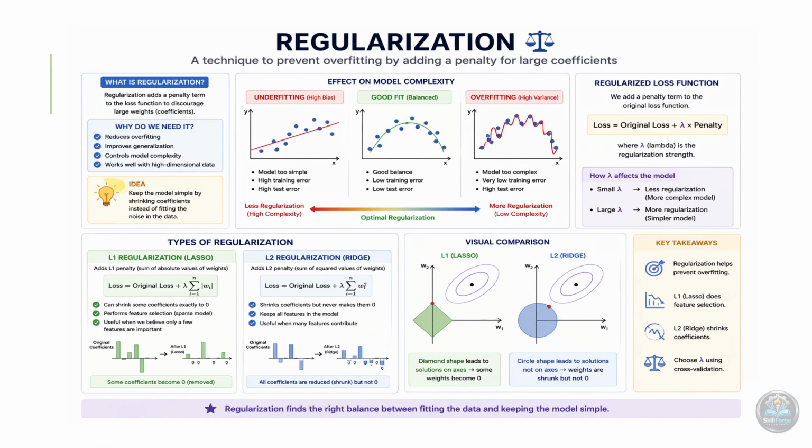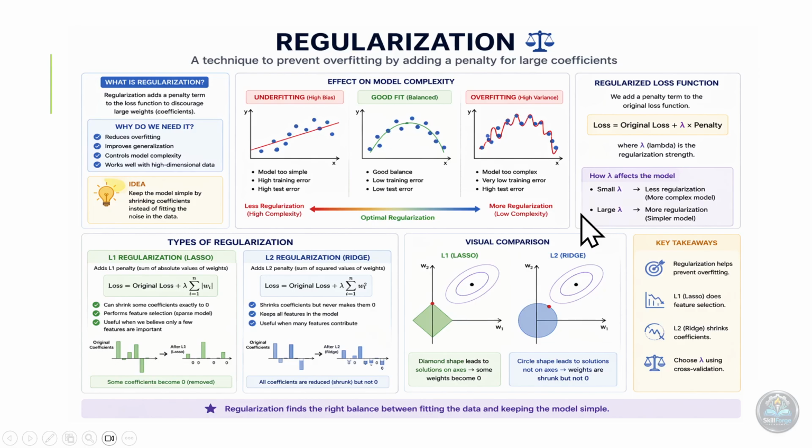Okay, so here you can see we have underfitting. Okay, without regularization the model becomes too complex and it goes into overfitting. Okay, with proper regularization we get a balanced model, and with too much regularization our model becomes too simple, underfitting. So we need the right balance.